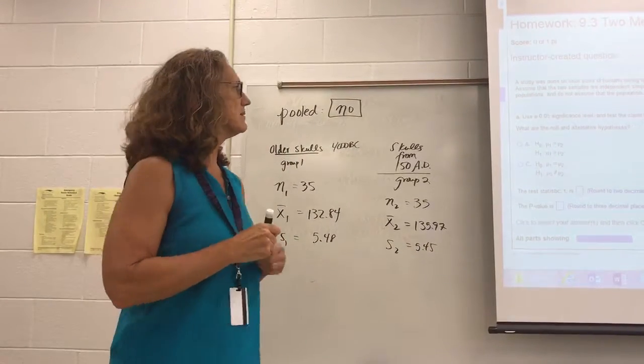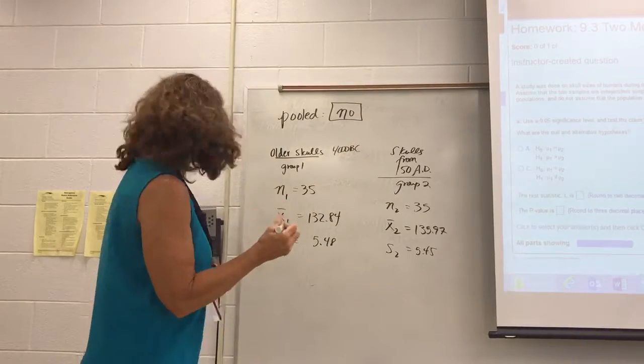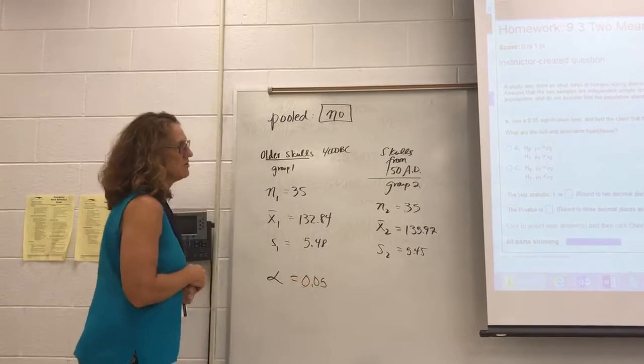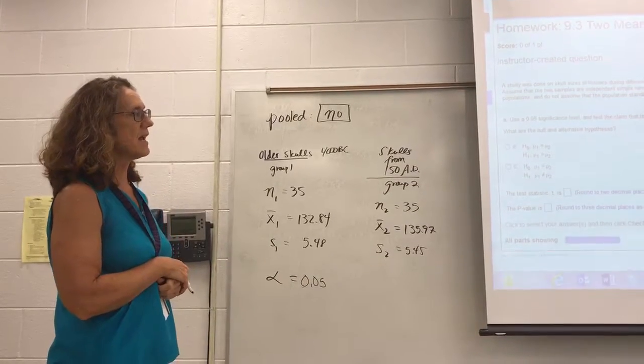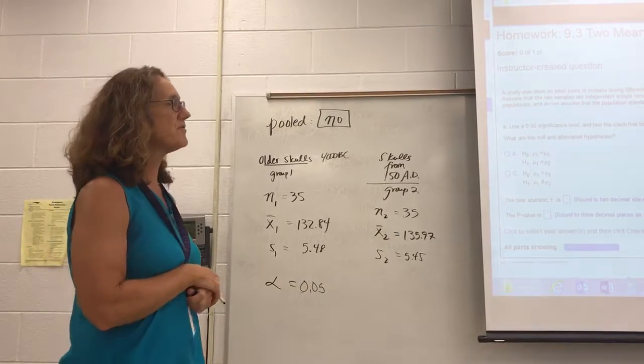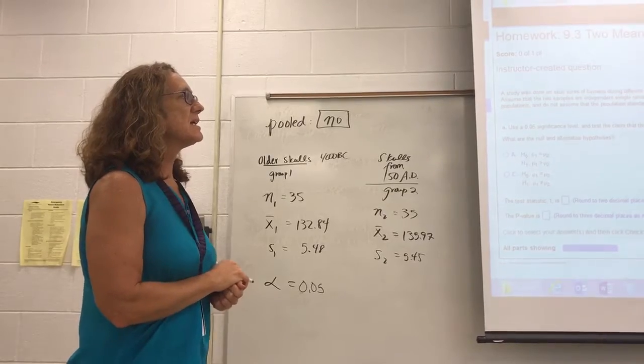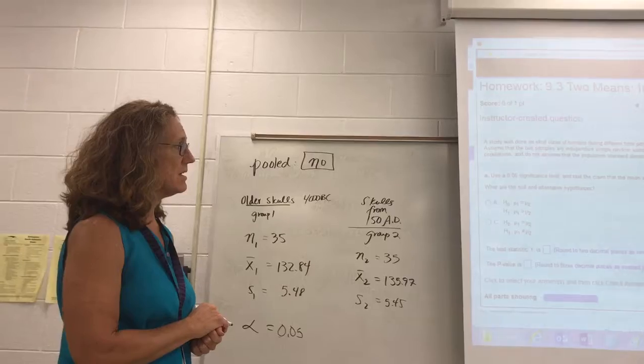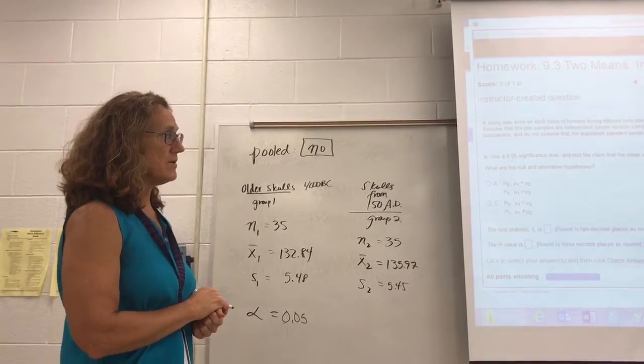Alright. Part A, use a 0.05 significance level, as usual, to test the claim that the mean skull breadth in 4000 BC is less than the mean skull breadth in AD 150.